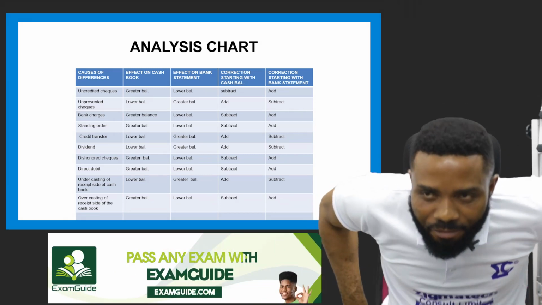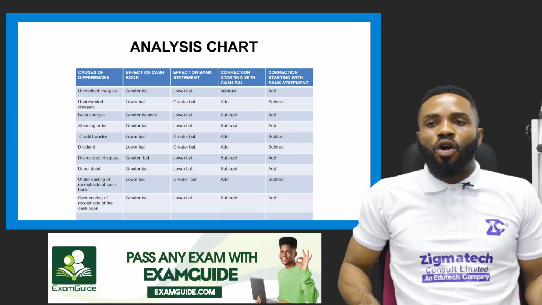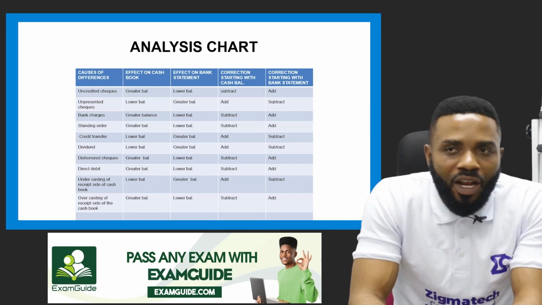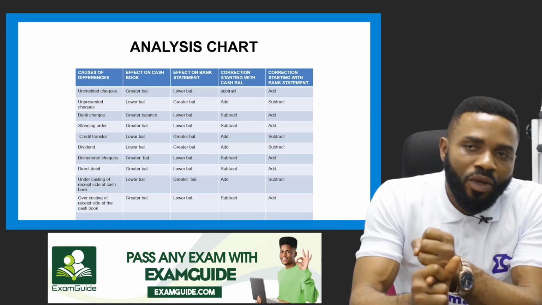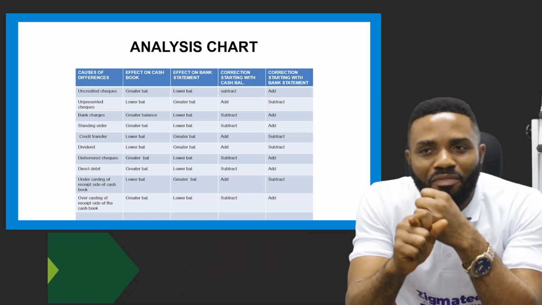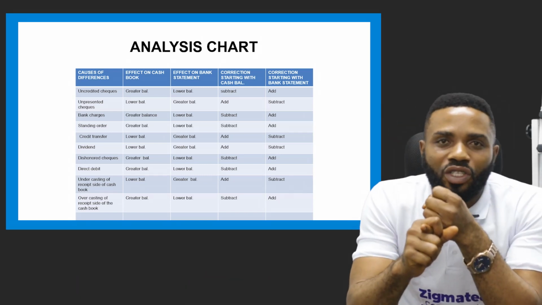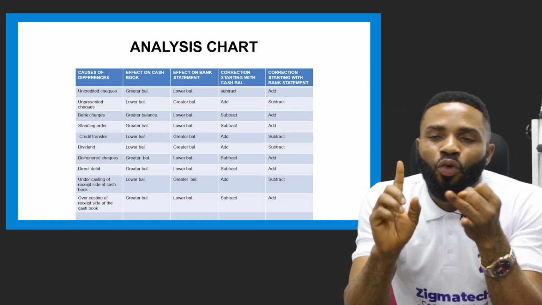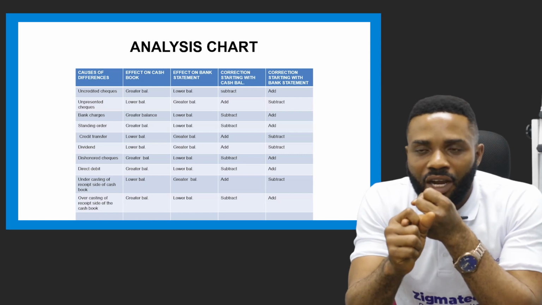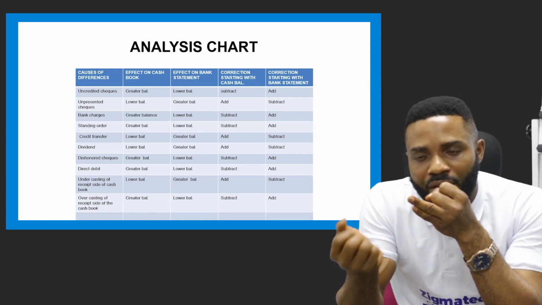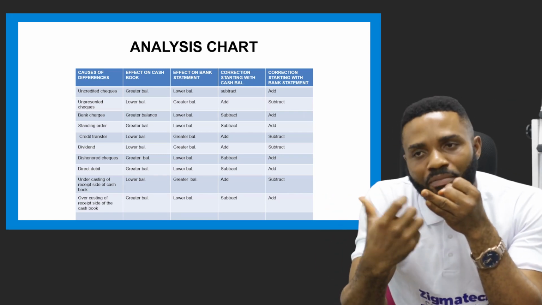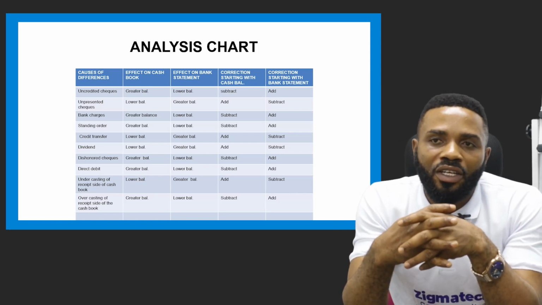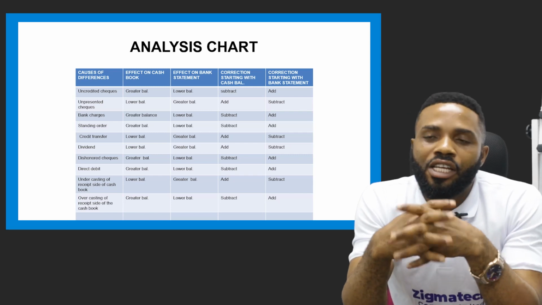So far, we have been able to give ourselves a rundown of what bank reconciliation statement is. Please, let's not forget. We said number one, bank reconciliation statement is a statement that is prepared to reconcile the difference between the cash book and the bank statement. And then we have said that cash book takes care of cash receipt and payment or cheque receipt and payment, while bank statement is prepared by the bank to take care of the transactions between the bank and the customers.